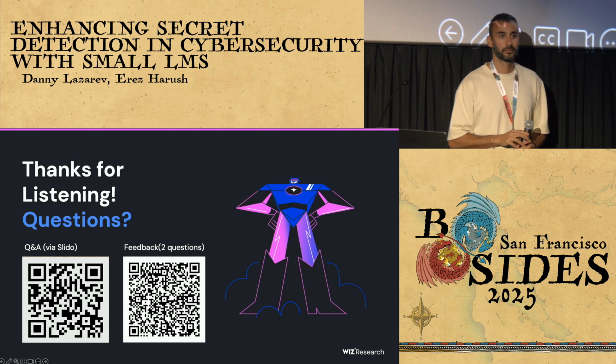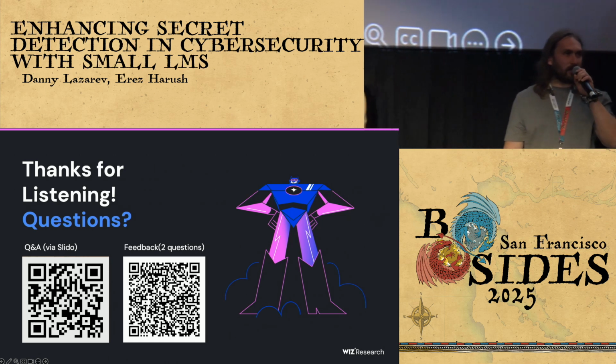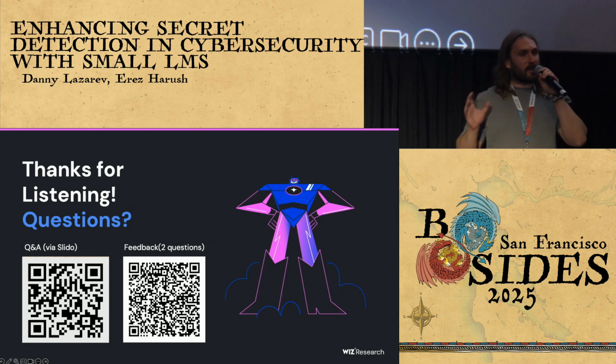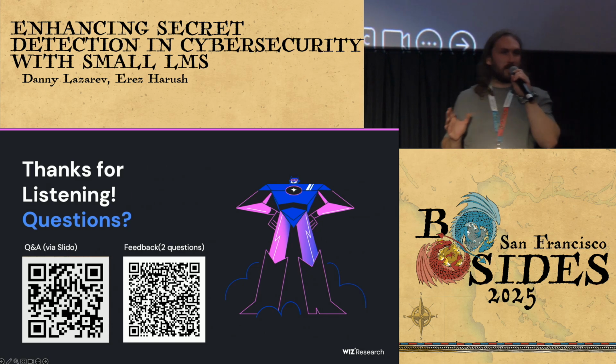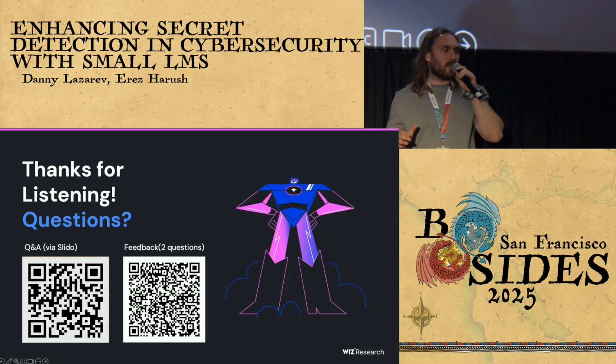Was the model more accurate for structured secrets or well-known prefixes versus unstructured? For the structured and, let's call it, obvious secrets, it was pretty dead on. Most of the times it missed, it was for the non-obvious secrets.